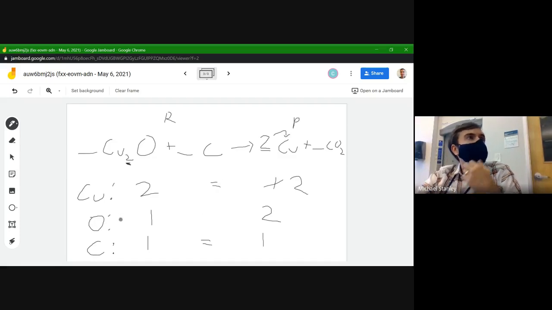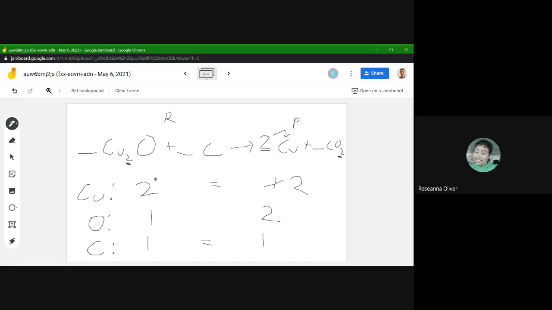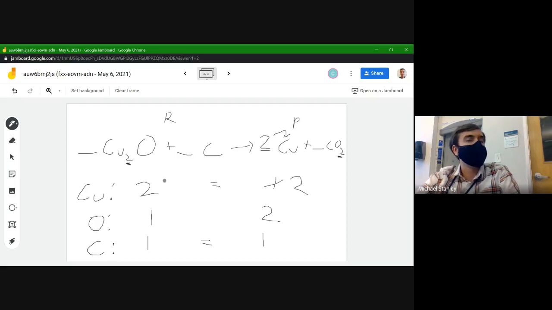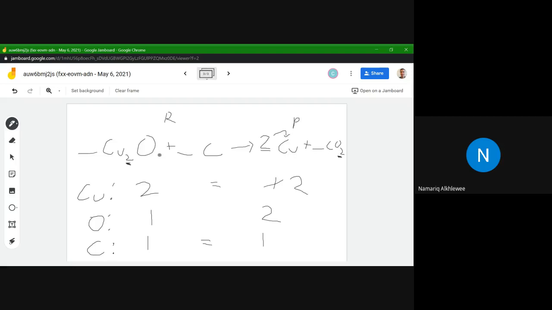Moving on to oxygens, we have 2 oxygens on the product side. That again, we can't make any smaller because that is a subscript that is permanent. So instead, what could we do over here on the reactant side to make it so that we have 2 oxygens? Would you add 2? Where am I going to put that 2? In front of Cu2O. The coefficient.